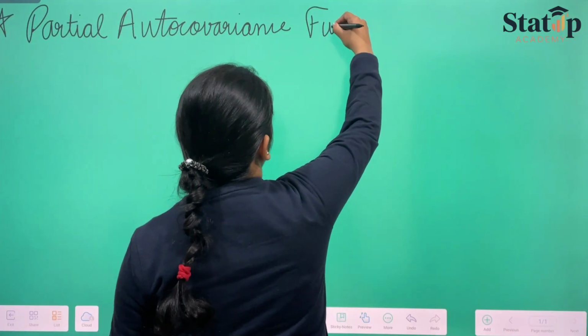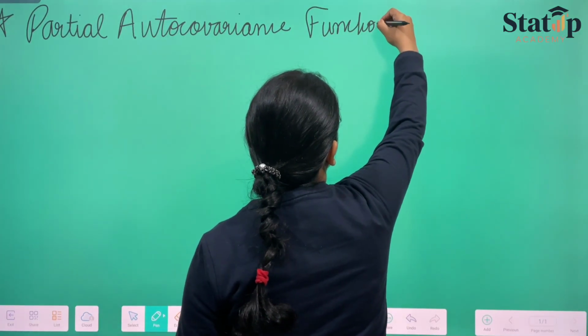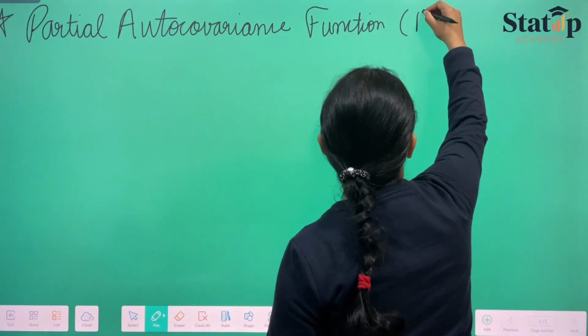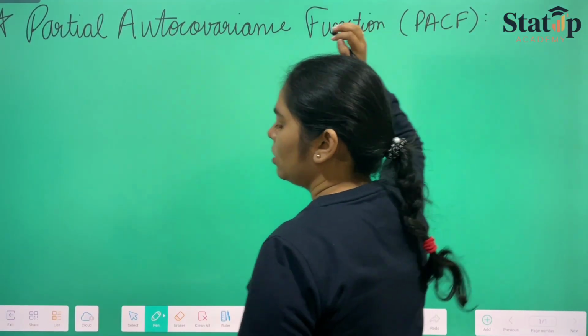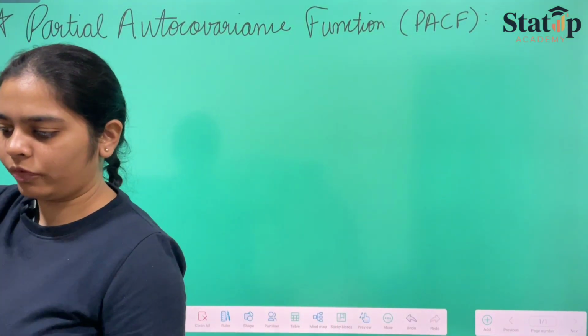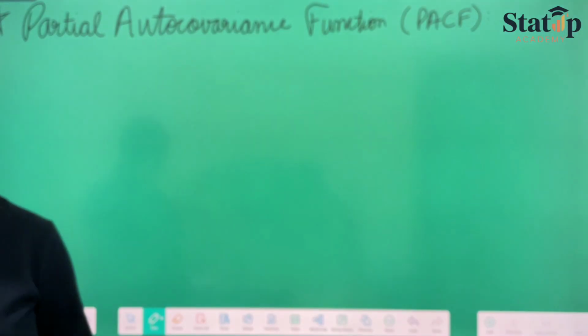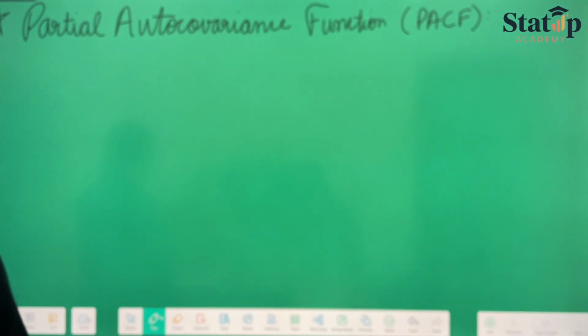So partial autocovariance function can also be denoted by PACF. It is defined as the correlation between xt and xt plus h after their mutual linear dependency on intervening variables has been removed.